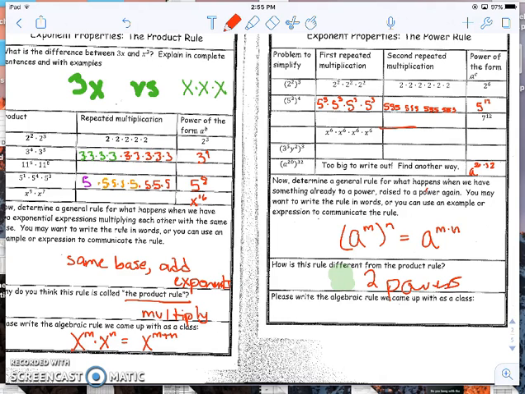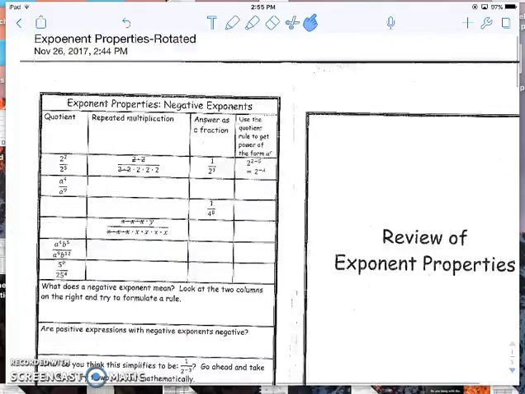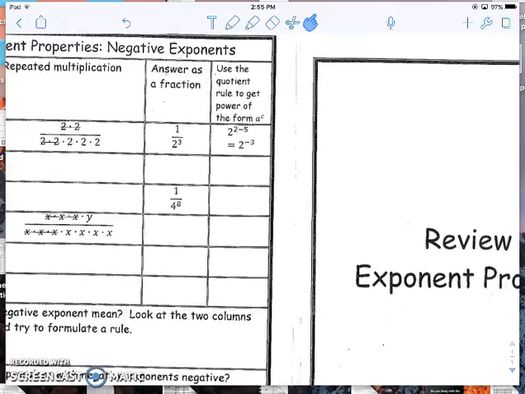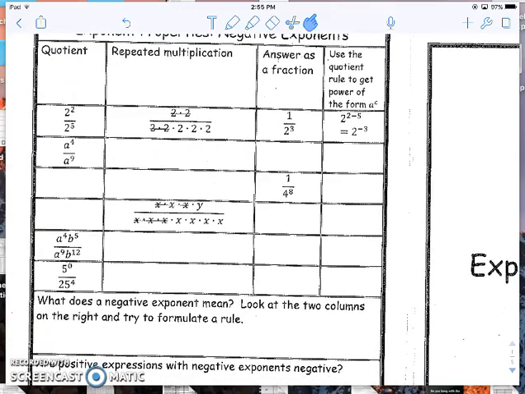Let's see, is there a last one? I think we have negative exponents. All right, so negative exponents. Let's see. Well, we could think of this as a product rule, so 1 over, this would be a to the 5th, which is the same as, so a to the 4 minus 9, a to the negative 5.